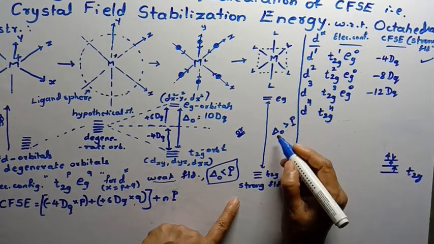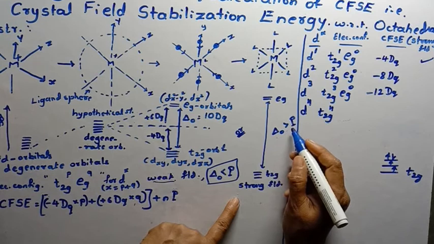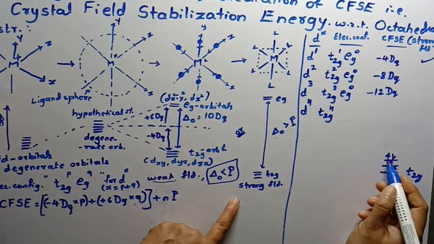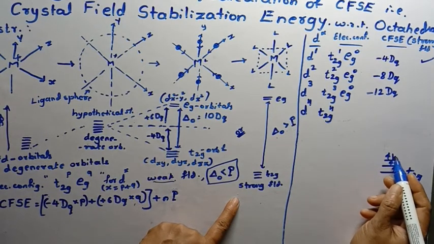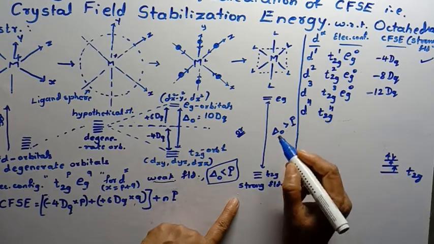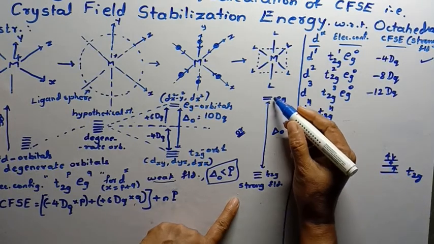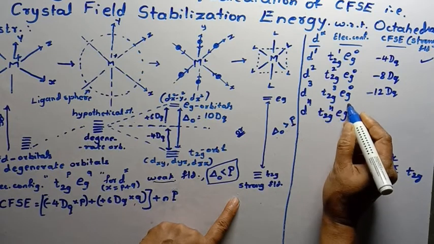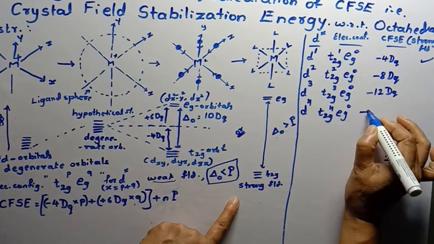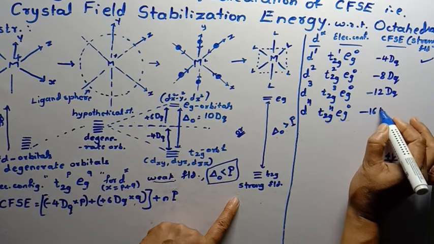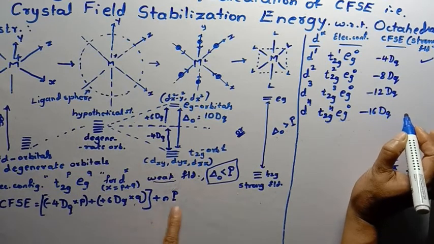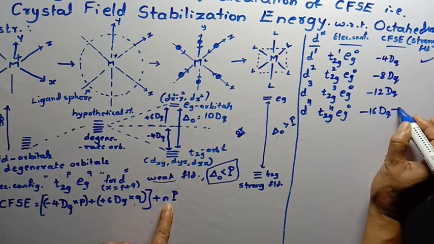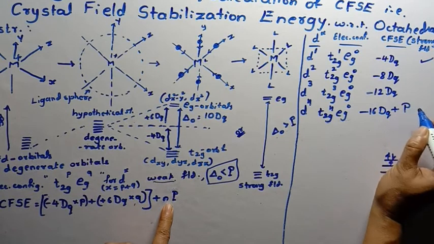Pairing is easy, so a less amount of energy is utilized to pair up, but it is difficult to go to the higher energy level. Thereby eg remains 0, and here it is minus 16 Dq. According to the formula, one pair of electrons is formed, so we have to show it like this.